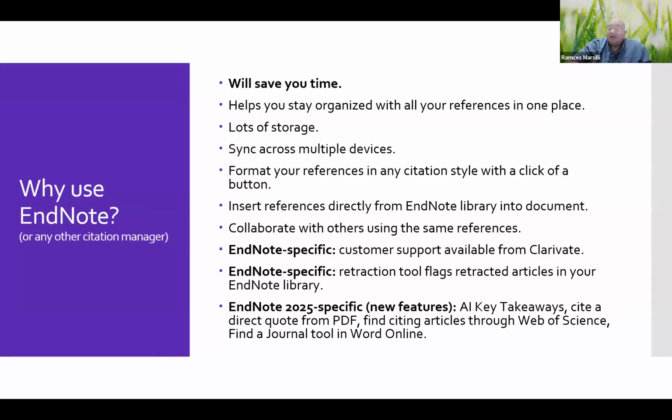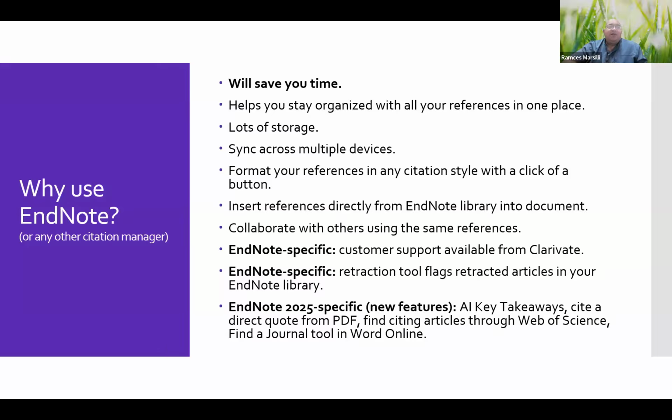It will really save you a lot of time and help you get organized. It does have a lot of storage. You can sync it over multiple devices. You can format your references in any citation style with the click of a button. It helps you collaborate with others by being able to share references.